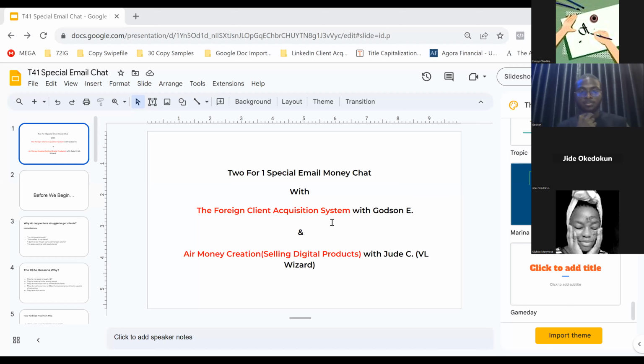Okay, can you see my screen? Yes, I can. Hopefully, everybody else can also see your screen. Please, if you can see my screen, leave a message in the chat section, an emoji or anything, to let us know. Daniel can't see the screen.